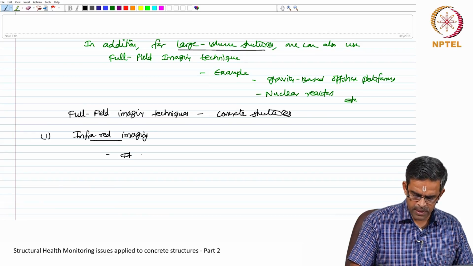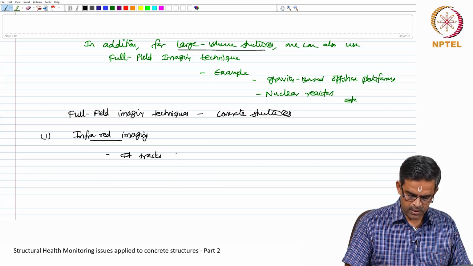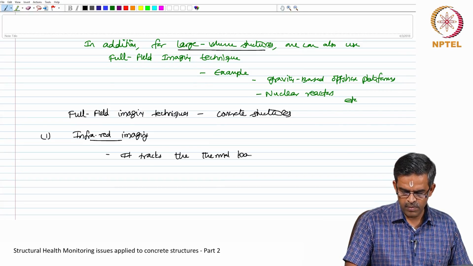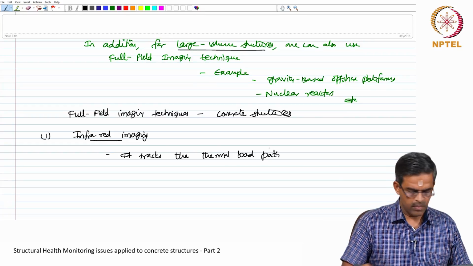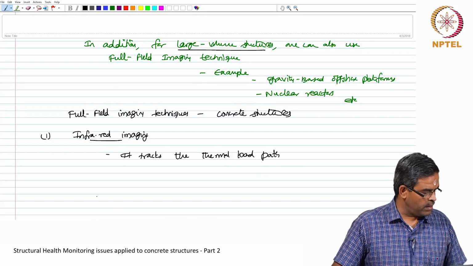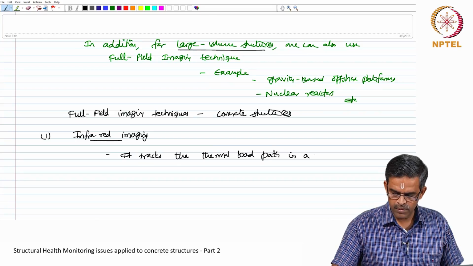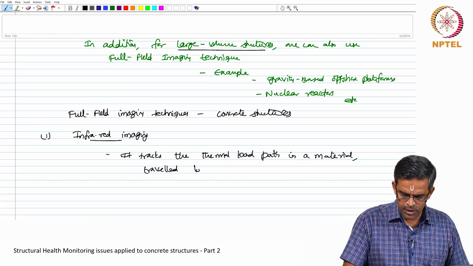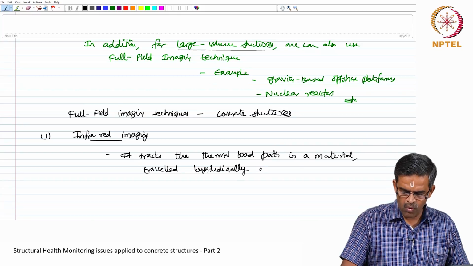Actually, infrared imaging technique tracks the thermal load path in a material travelled longitudinally over a period of time.